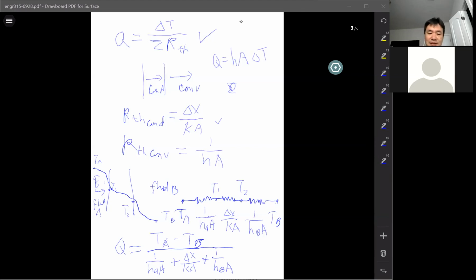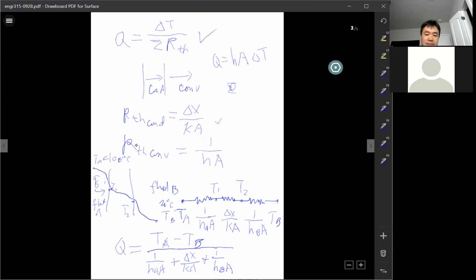So I can very quickly extend this problem to calculate T1 and T2. Will you be able to calculate T1 and T2? If I give you TA and TB, let's say TA is 100 degrees Celsius. I'm making up numbers; the book doesn't have this example. TB, let's say 20 degrees Celsius.